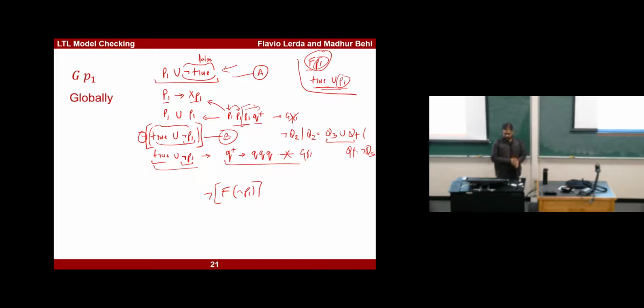So is it clear how we can now express G P1 in terms of our basic operators of true, P1, and negation? This is also true, but we have to deal with this idea of something that can never occur. So someone can actually say this is not true because for P until Q to be true, Q must occur at some point, right?